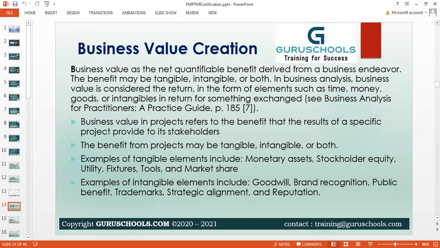Excellent. To give you a theoretical definition, tangible elements are valued at actuals. Intangibles can be valued, but not at actuals. They can vary. So like brand recognition, even if you say the Tesla brand, if I'm going to purchase it, it might be at a market value of around, let's say, 50 billion, right?